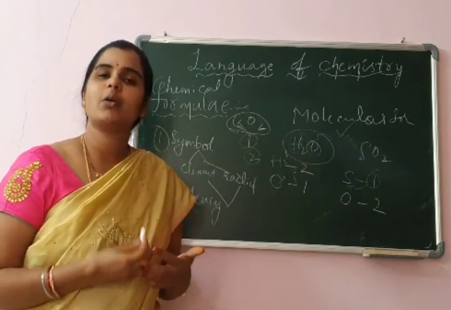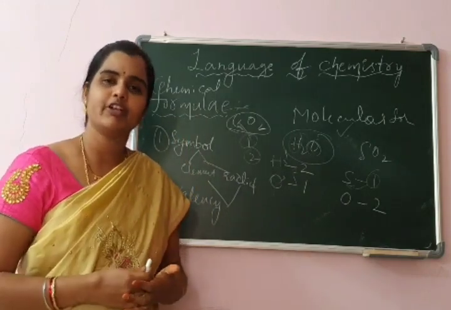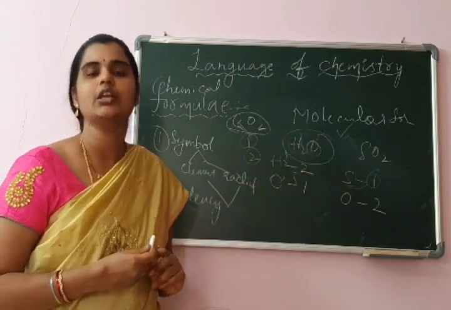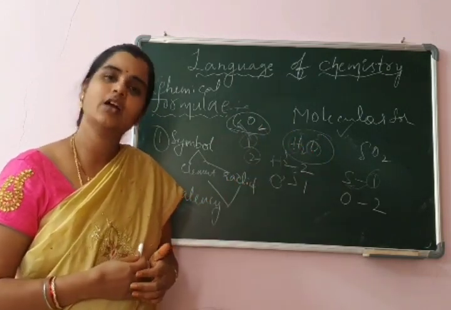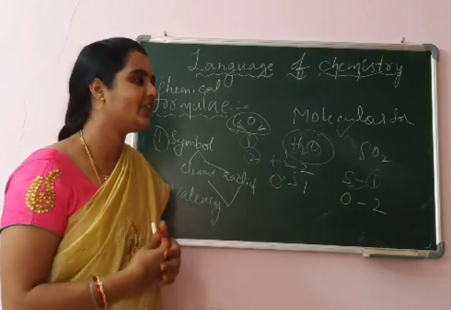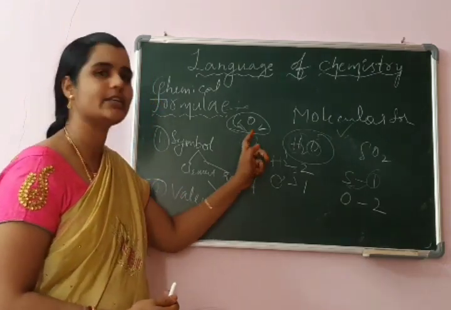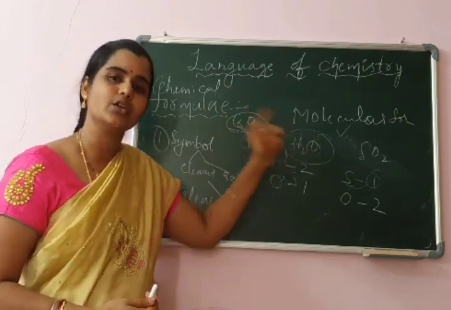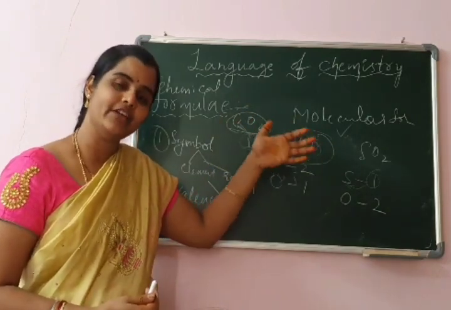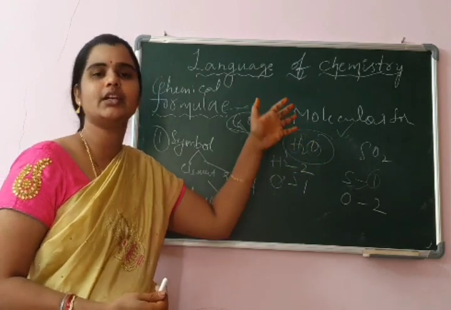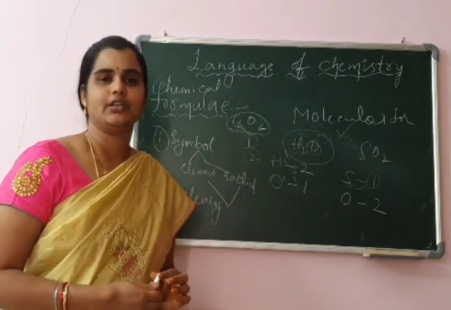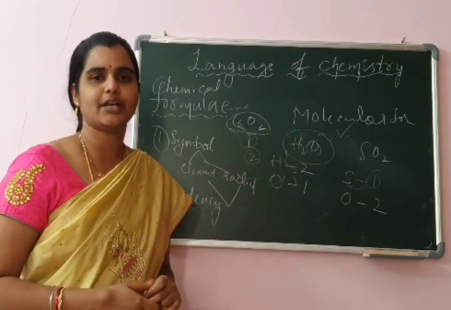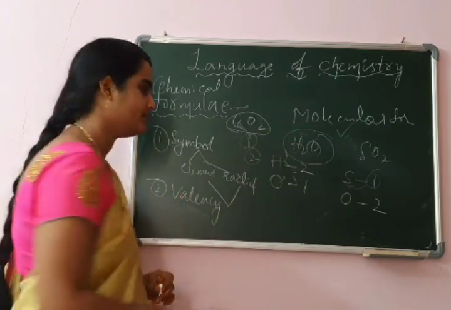Molecular formula, chemical formula, or simply formula is the symbolic representation of the molecule, and it gives us the number of atoms of each element in the molecule. Now let us see how to write this molecular formula.